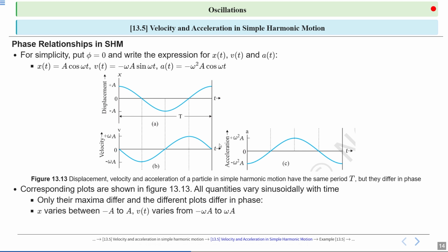So displacement x varies from minus A to plus A, and velocity v of t varies from minus omega A to plus omega A. So its maximum speed depends on both amplitude and angular frequency. For example, if A is 0.1 meters and omega is 2 radians per second, the maximum speed is 0.2 meters per second.